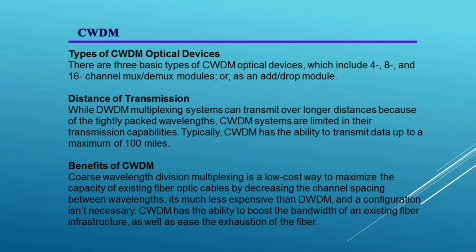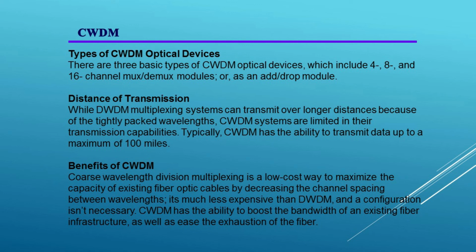Distance of transmission. While DWDM multiplexing systems can transmit over longer distances because of the tightly packed wavelengths, CWDM systems are limited in their transmission capabilities. Typically, CWDM has the ability to transmit data up to a maximum of 100 miles. Benefits of CWDM.